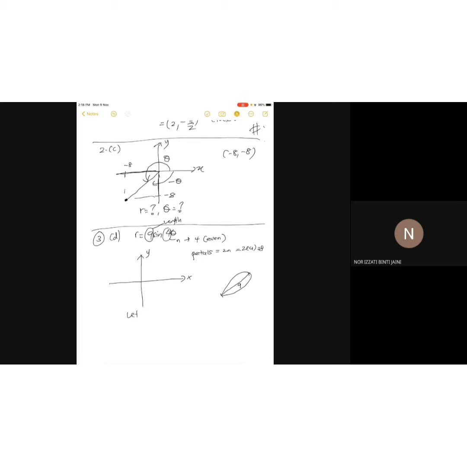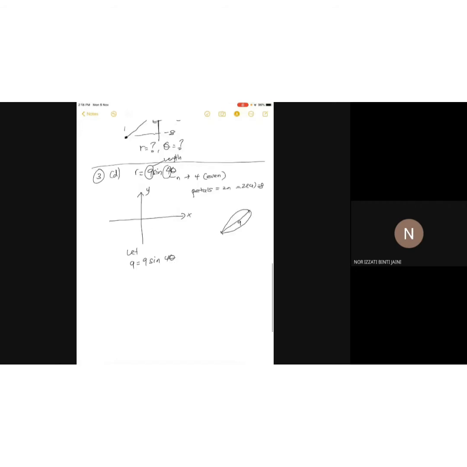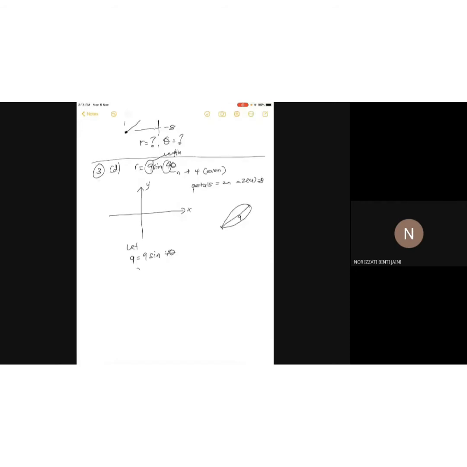So if I let 9 equals to 9 sin 4 theta, so memang dia akan jadi sama dengan 1. So sin 4 theta equals to 1. So 4 theta equals to arc sin 1. Tekanlah calculator. Okay, so awak start dengan pi per 2. So dia sekarang ni dia ada 8 petals kan. So macam mana kedudukan 7 petals yang lain? Yang pertama dia akan start pada pi per 2.